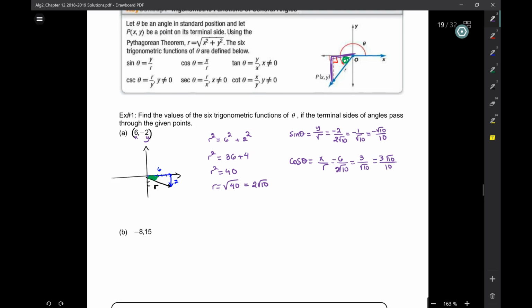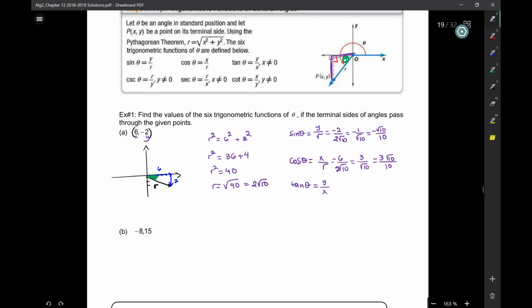Tangent of theta is Y over X: negative 2 over 6, negative 1/3.